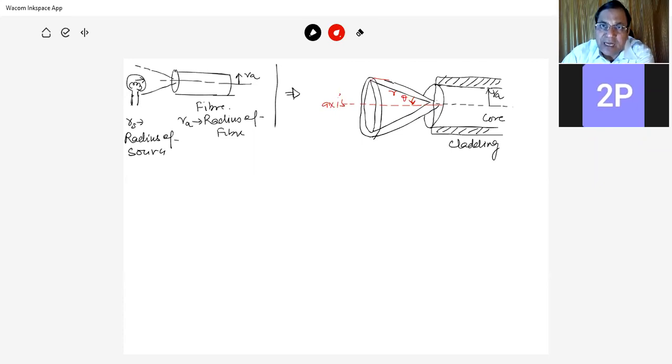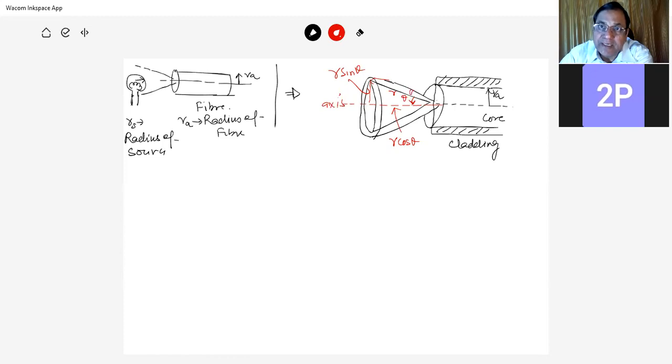So this R radius is resolved in two components. This is R sine theta and R cos theta.